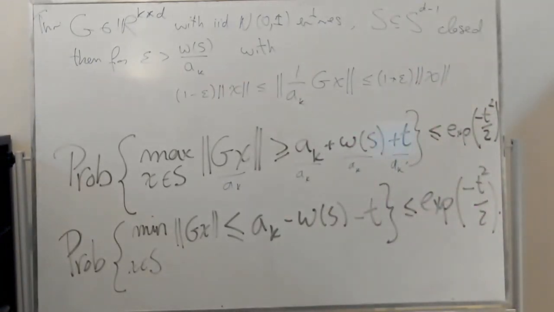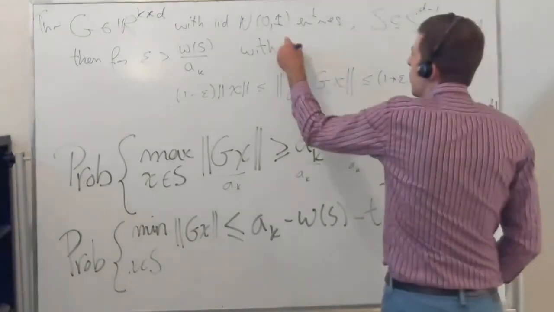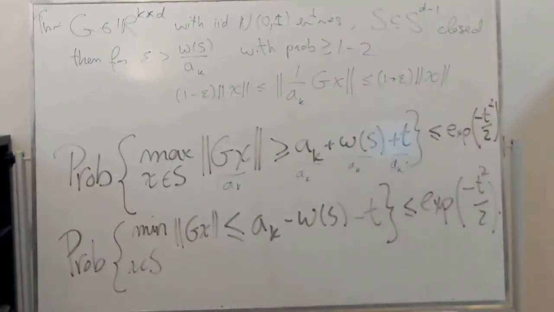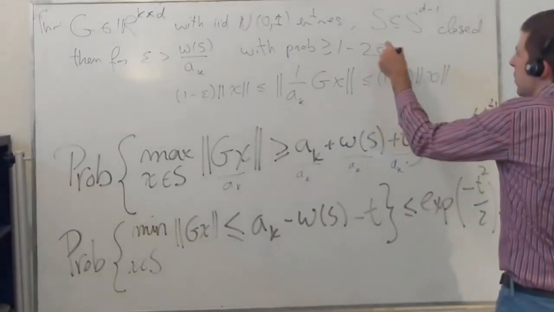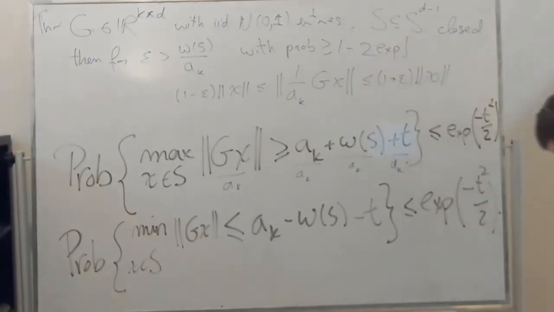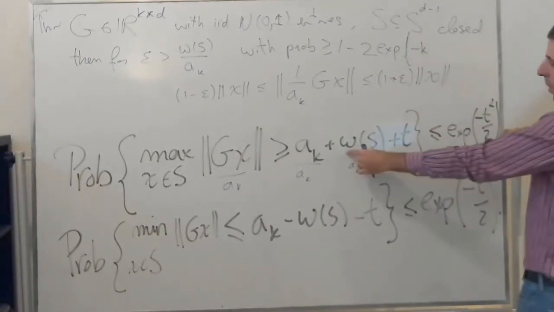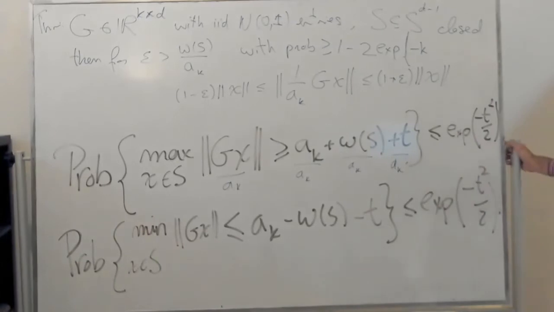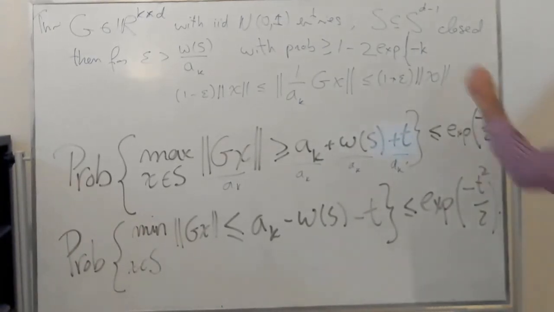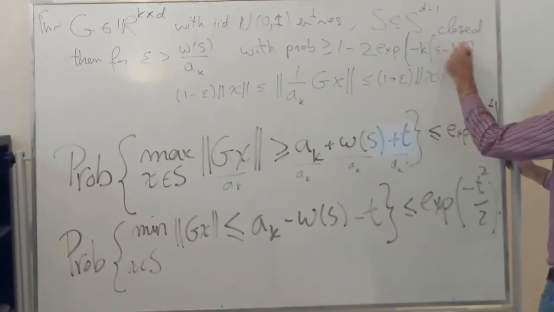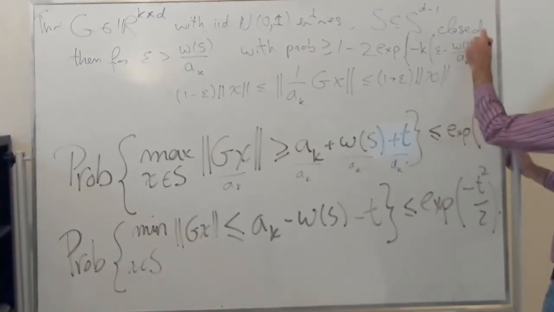And if you work out the probabilities, this holds with probability bigger or equal than 1 minus 2, because we need to union bound these two things, exponential of minus k, since the k will show up from the AK squared, which is roughly k, times epsilon minus WS over AK squared.